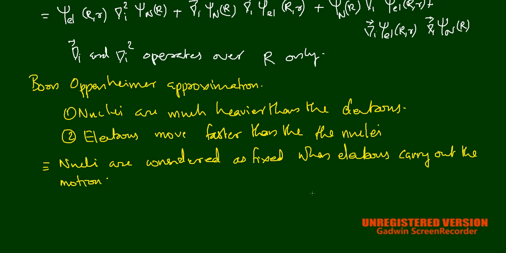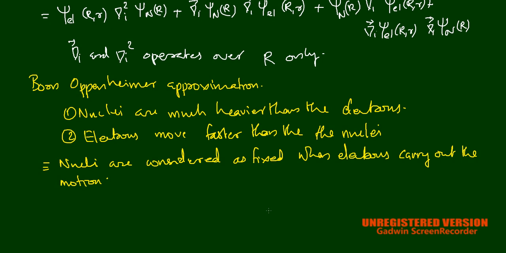In classical terms, you can consider that when the electron performs one complete cycle, the change in the position of the nucleus during that cycle is almost negligible.